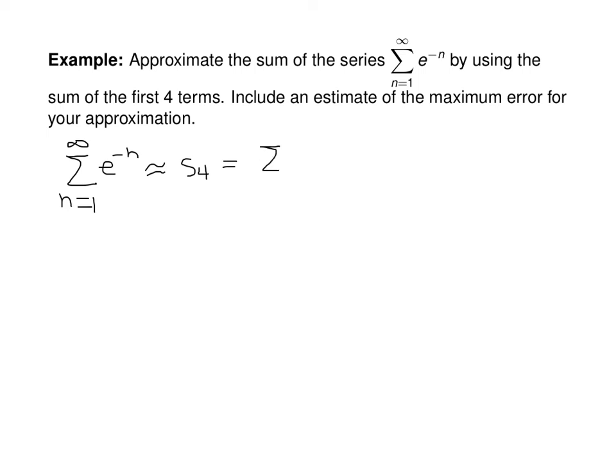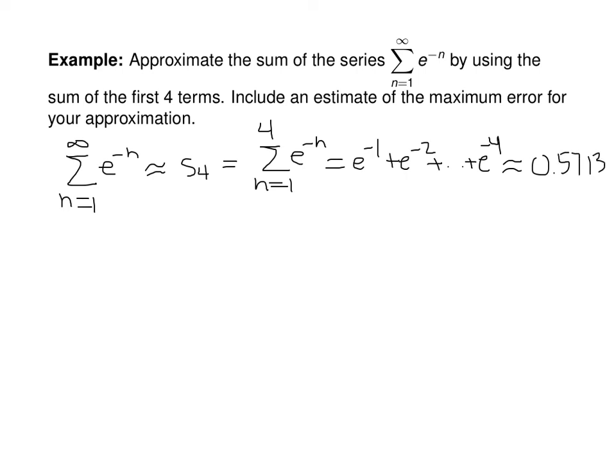So the sum from n equals 1 to 4 of e to the negative n. So that's adding e to the negative 1 plus e to the negative 2 to e to the negative 4, and that's about equal to 0.5713. So there's the estimate using the first 4 terms.